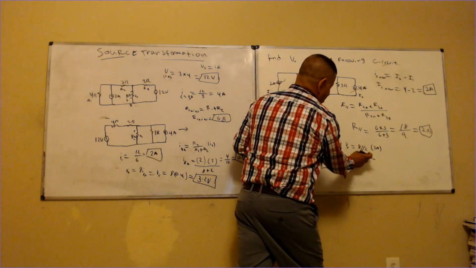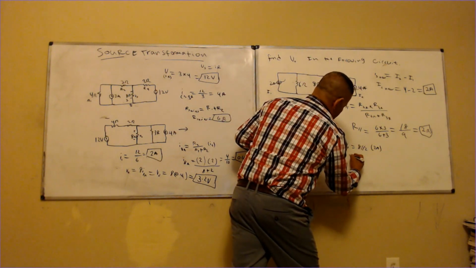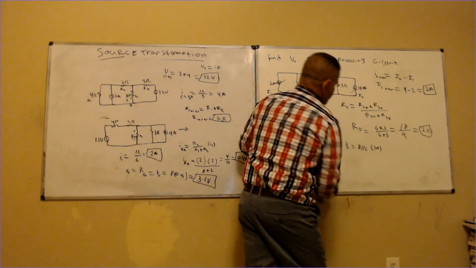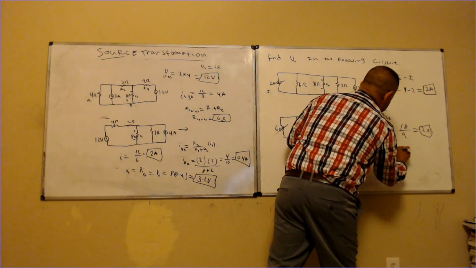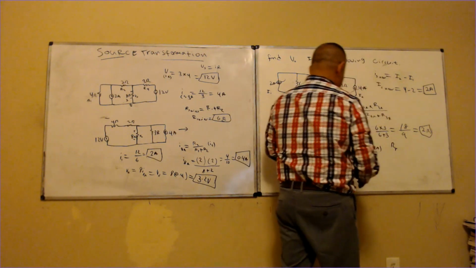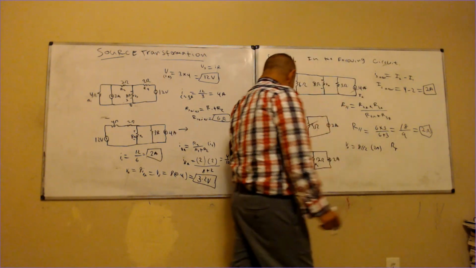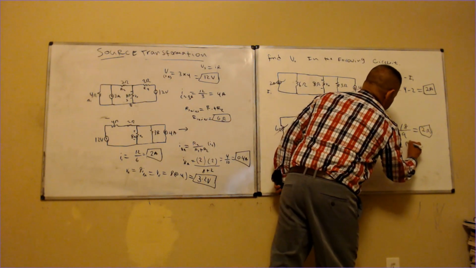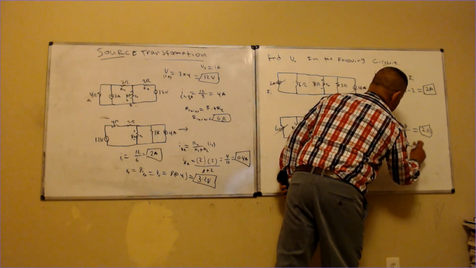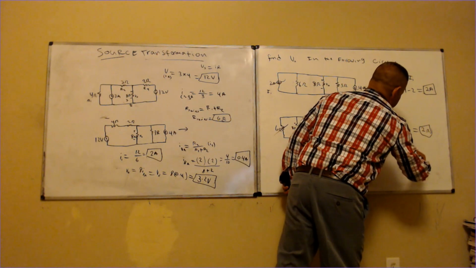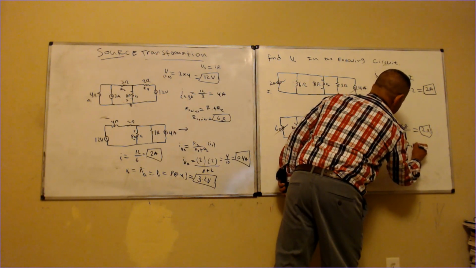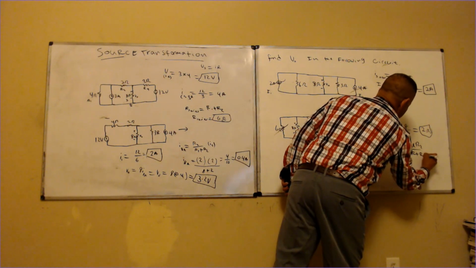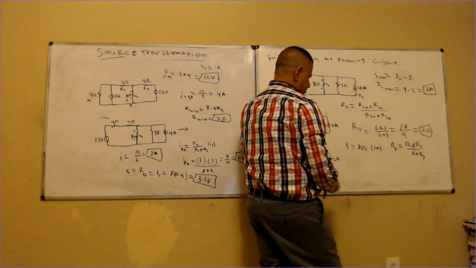So how do I do a parallel with this? Actually, let me just do it right here. R parallel total is going to be R1 times R2 over R1 plus R2.